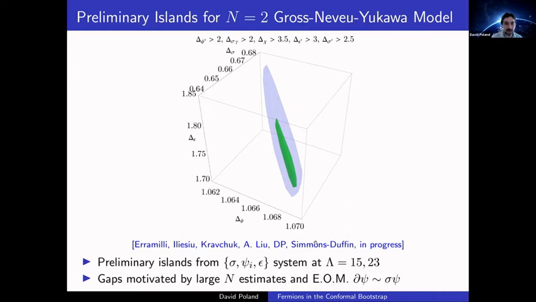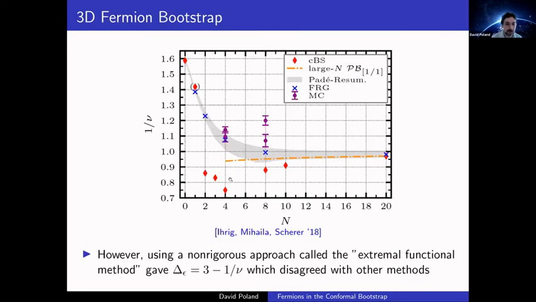If I go back to this plot I showed you earlier, 1.25 is way up here, basically right on top of the epsilon expansion and FRG results. So basically, I think we've completely resolved this discrepancy. These points are nonsense for some reason that we didn't quite understand, but the real bootstrap result should be right up here.